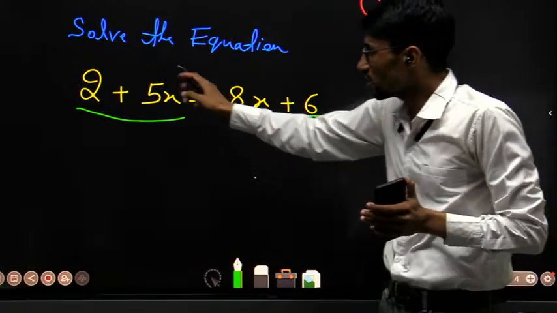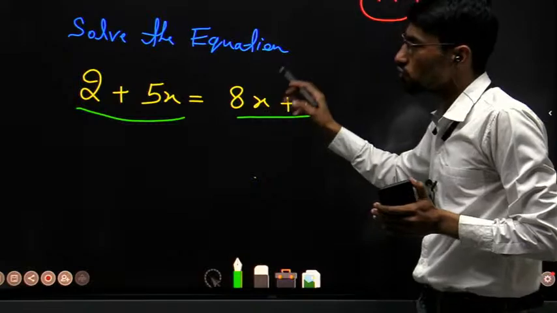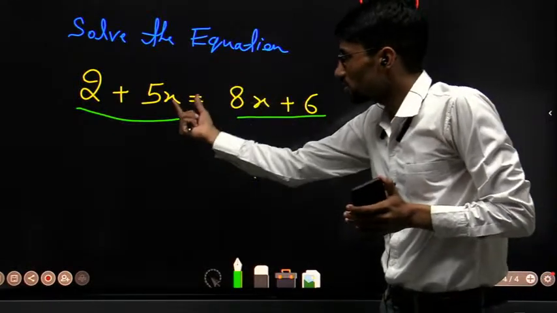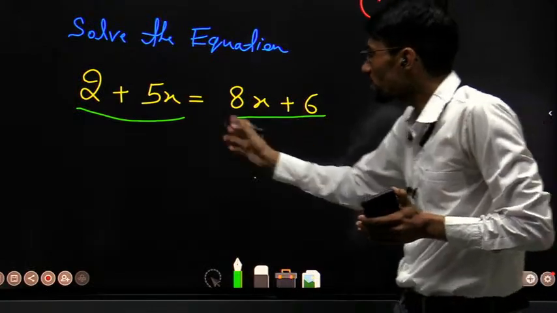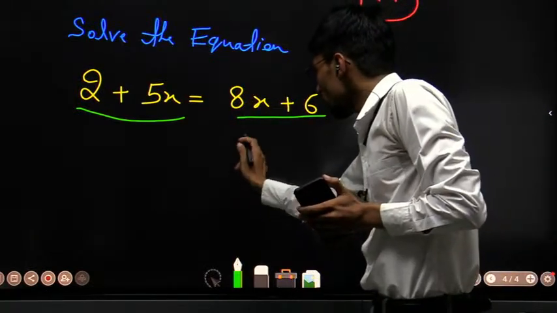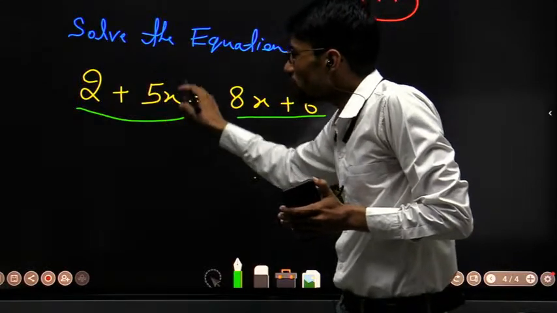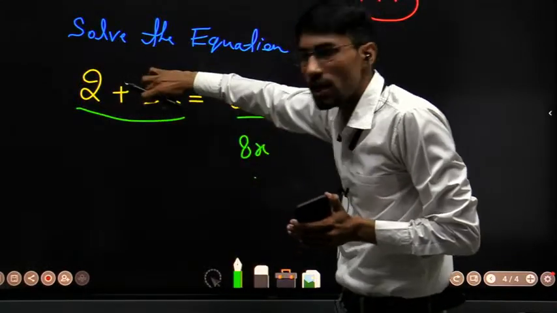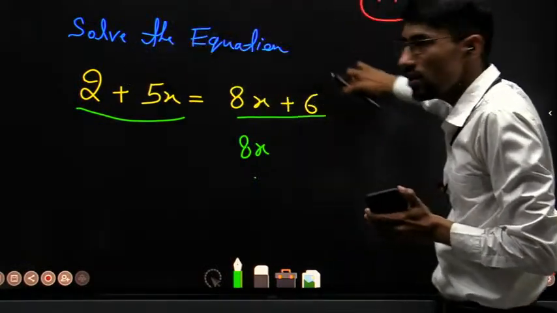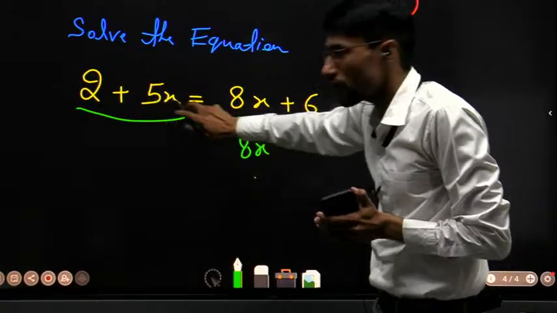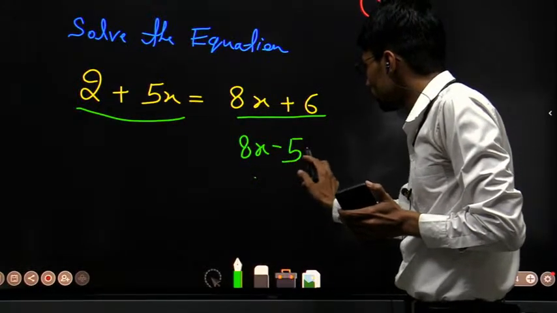See there, this one is a variable term and this one is a variable term. So I have to take these two terms and write them together. I write 8x as it is, and this 5x is of plus sign. I pick it from the left hand side and send it to the right hand side. So plus 5x is converted into minus 5x.